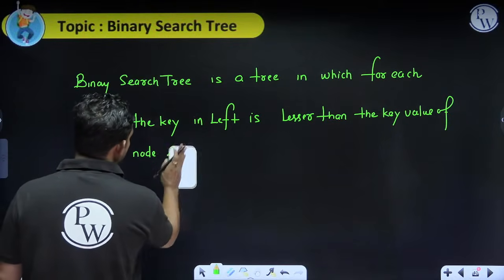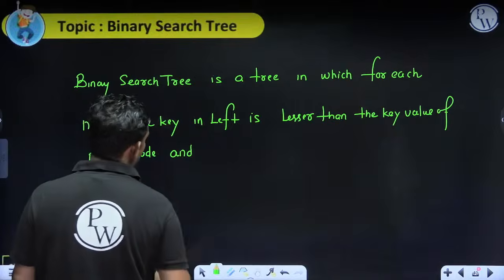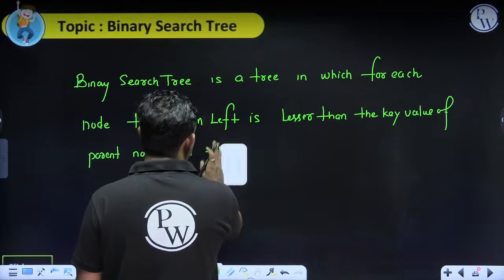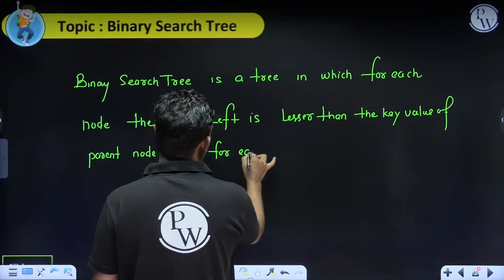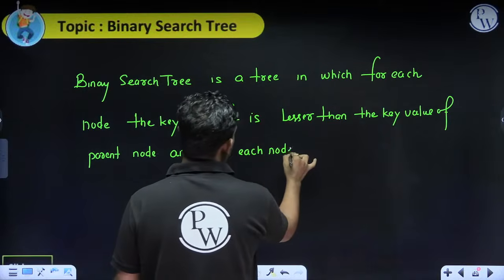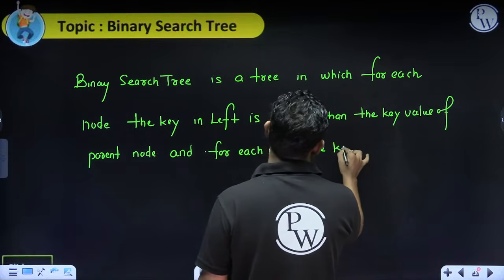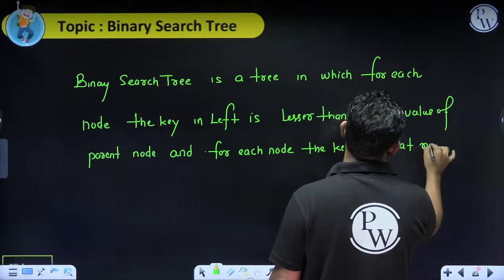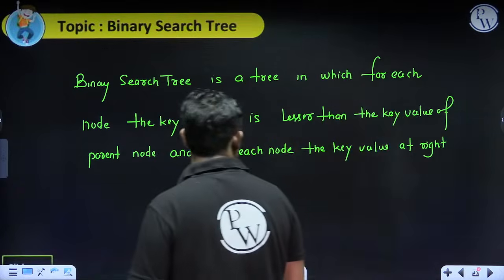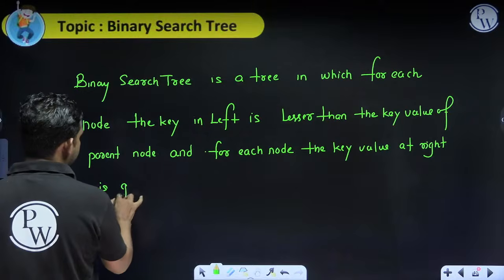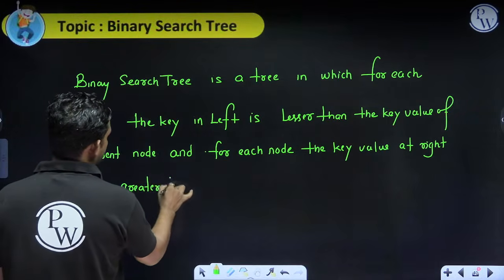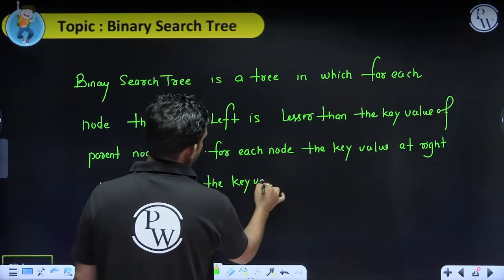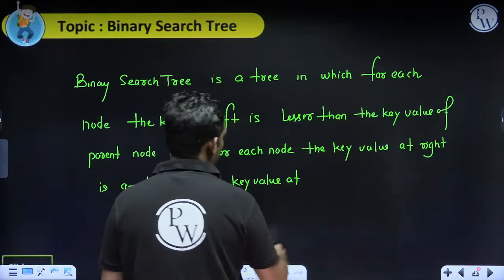And for each node, the key value at the right is greater than the key value at the parent.